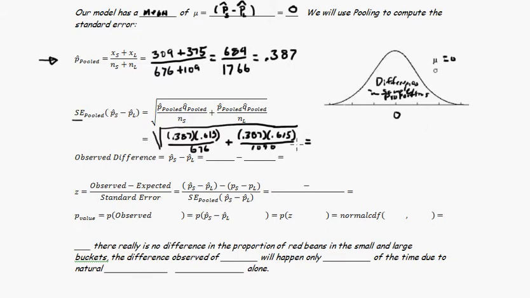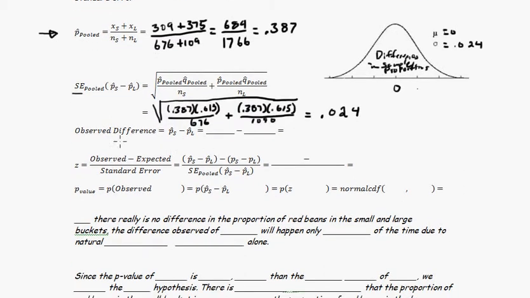You can put close parentheses and then hit enter, and what you're going to get is 0.024. Okay? So that is our standard deviation for our model. Okay, so now we have 0, and so this would be at this point right here, this is 0.024, so this would be 0.048, and so on.